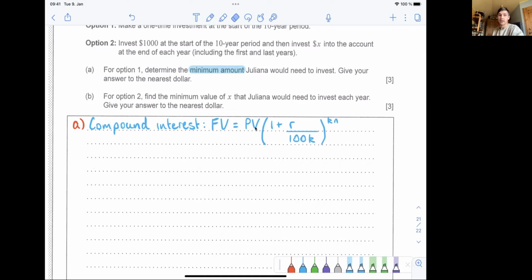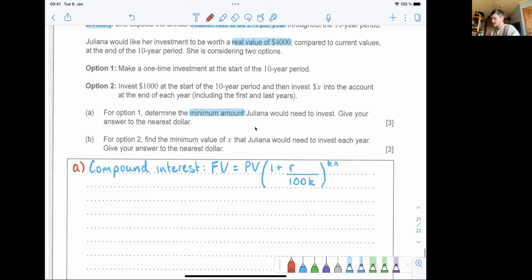For this question, the tricky part comes into play with the idea of the real value of 4,000. Essentially, we have to adjust this future value for the 2% inflation.